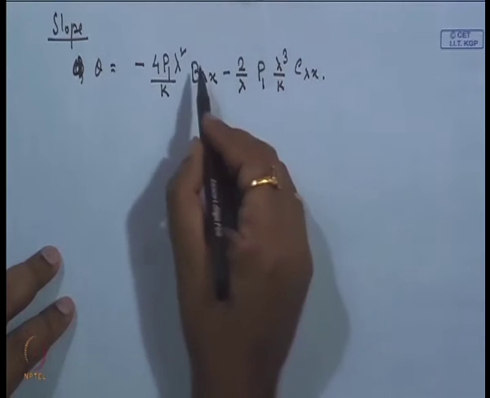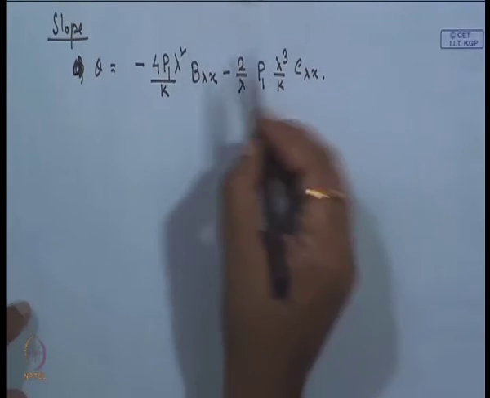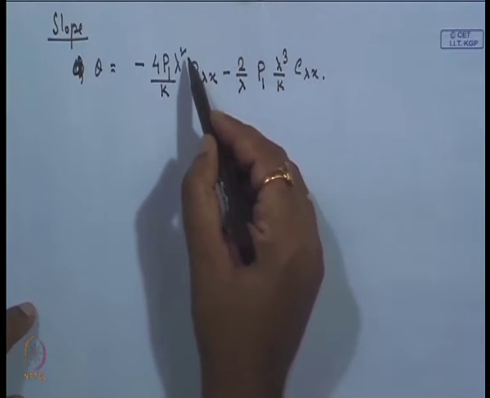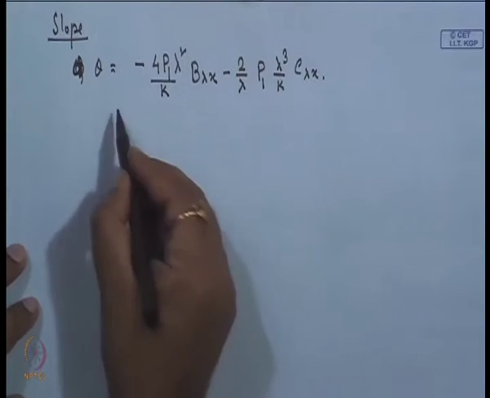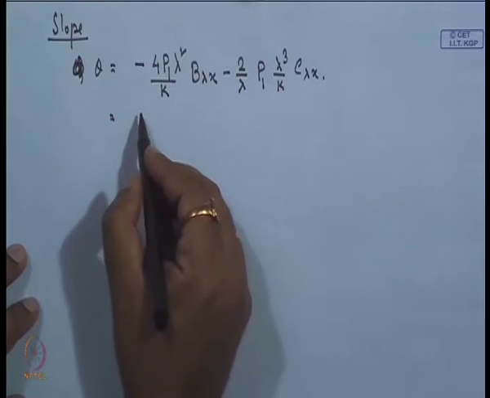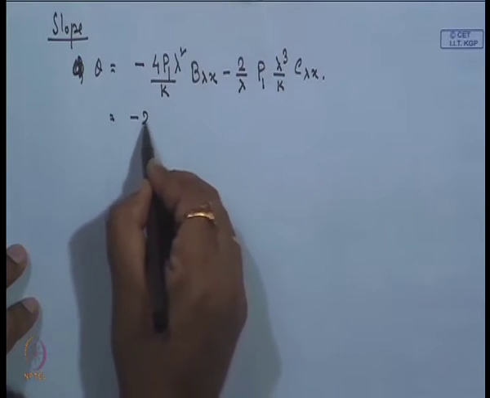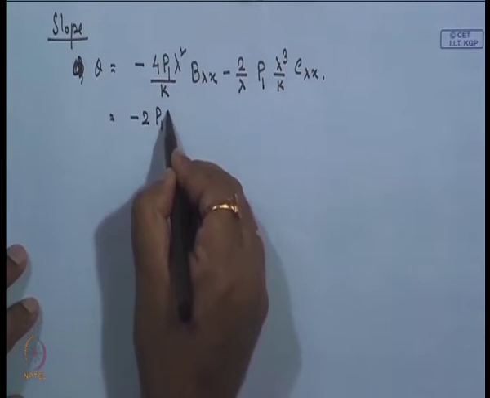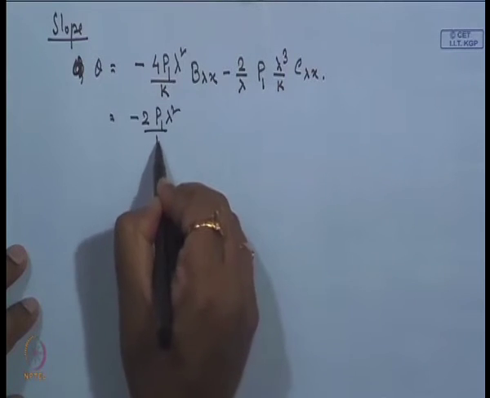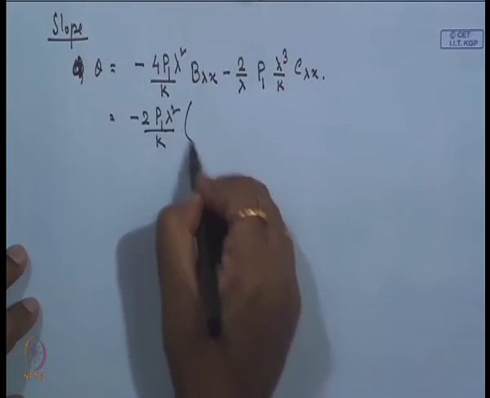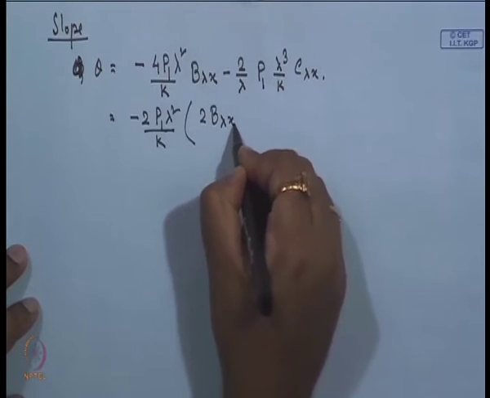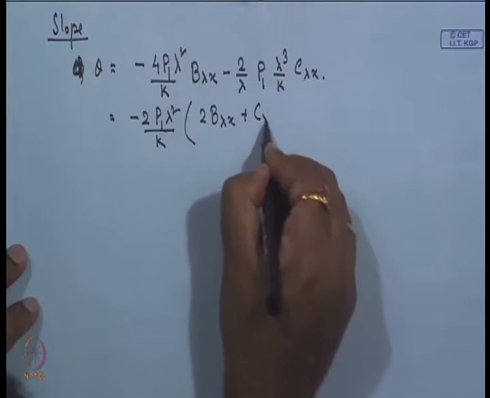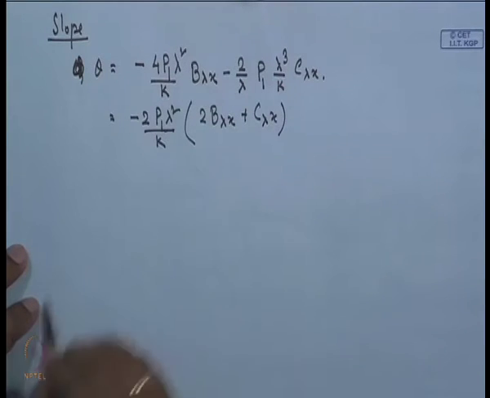So, we superimpose or add two effects, one due to the concentrated load, another due to the concentrated moment. Next, if I take minus 2 P 1 lambda square by k common, then we will get 2 B lambda x plus C lambda x.